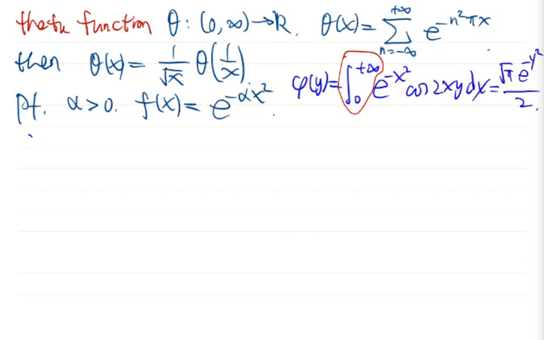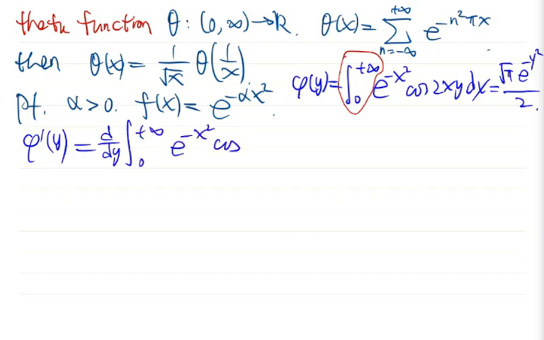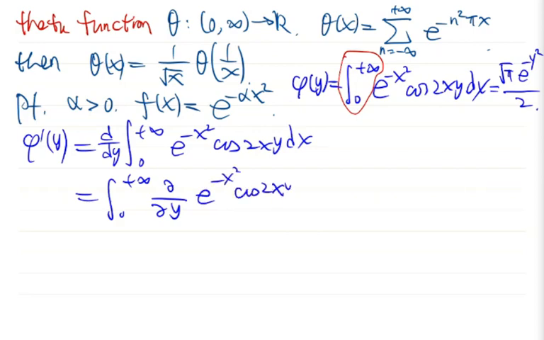That is phi prime y, that is d by dy of the integral of exponential minus x squared cosine 2xy dx. This can be written as the integral from 0 to positive infinity, taking partial derivative, of exponential of minus x squared cosine 2xy dx.